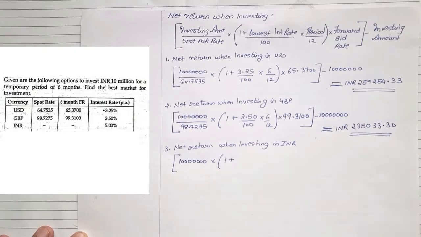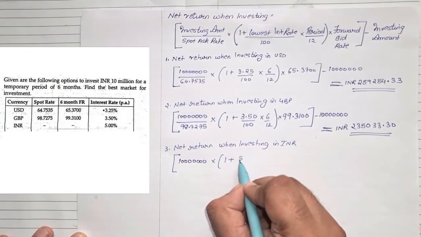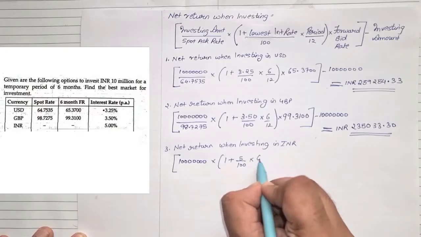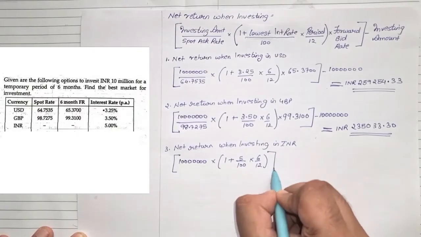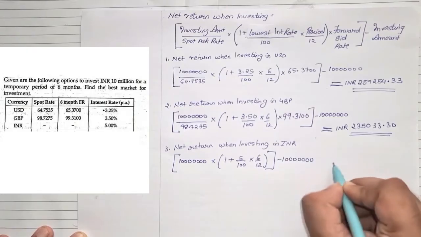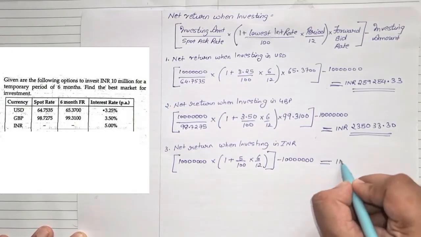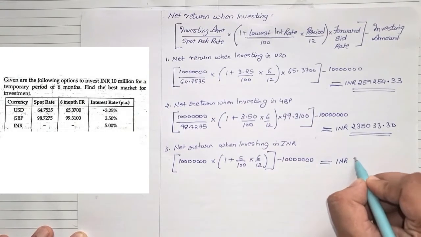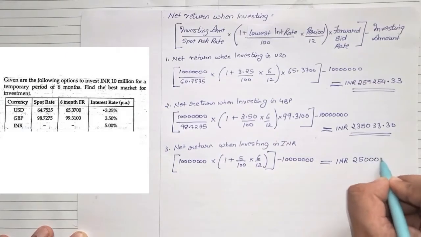There is only one interest rate given, and that is 5%. So that will be 5 upon 100 into 6 divided by 12. There won't be any forward rate, minus 1 crore. So when you solve it, you should get the answer as INR 2,50,000.